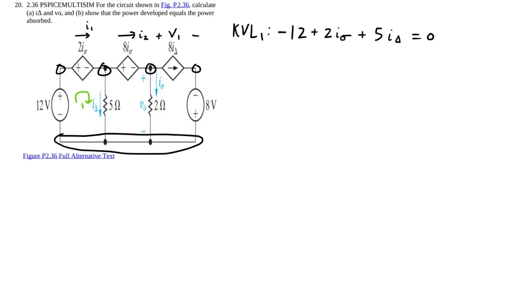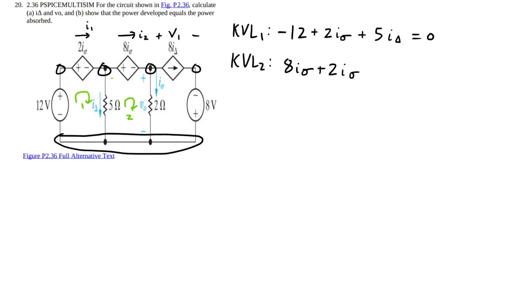We're going to do another one, because we have 2 unknowns here, so we need one more equation. Let's call this loop 2, so KVL for loop 2. Let's start at this top corner. Going plus to minus, we have 8 I sigma plus 2 ohms times I sigma.